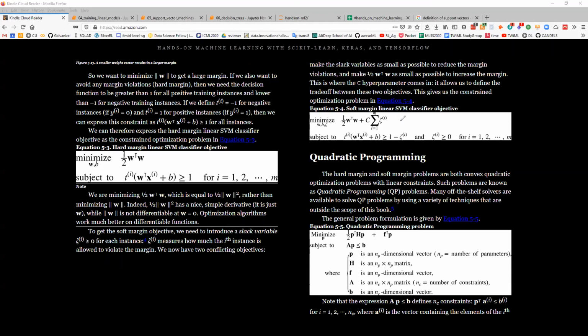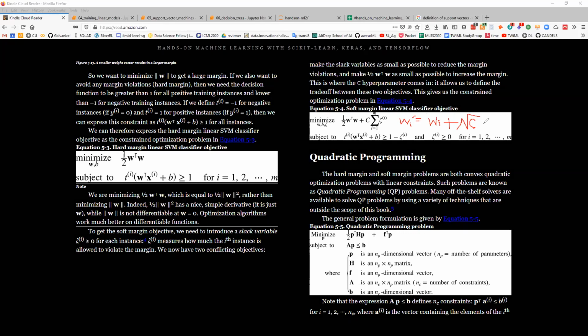Let's redefine W, make it W prime, and let's make the ith component of W prime the ith component of W, and then just for fun, we add this term, square root of C times square root of slack.